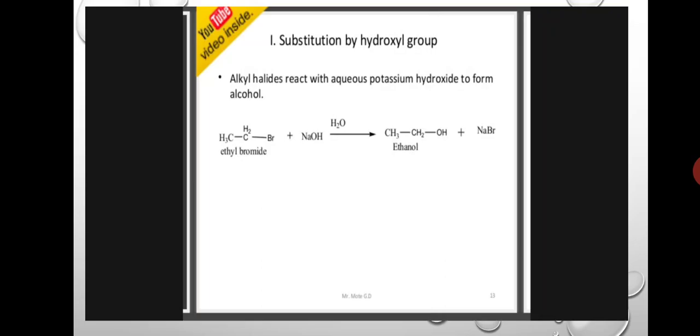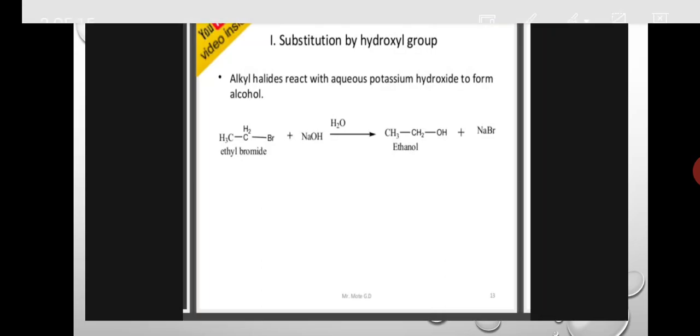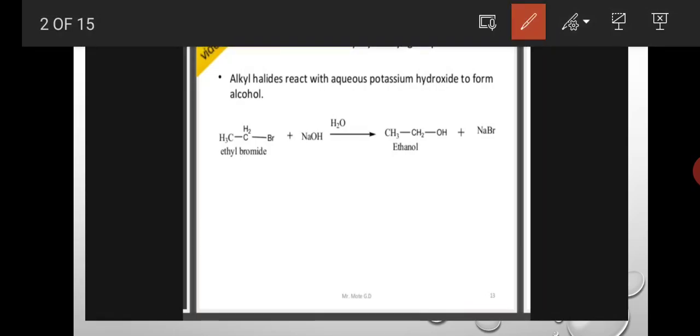Okay, here first is substitution by hydroxyl group. Alkyl halides react with aqueous potassium hydroxide to form alcohols. Alkyl halides react with aqueous potassium hydroxide or aqueous sodium hydroxide. Here we are taking sodium hydroxide, NaOH.